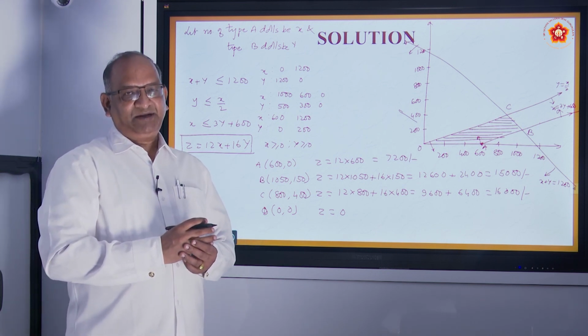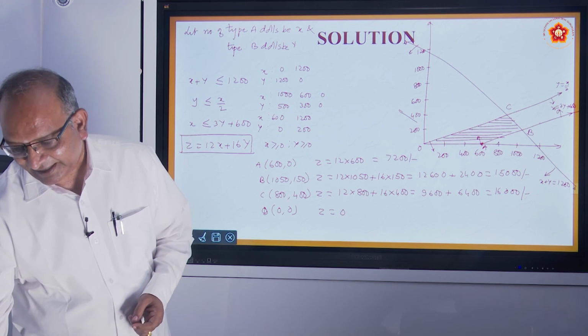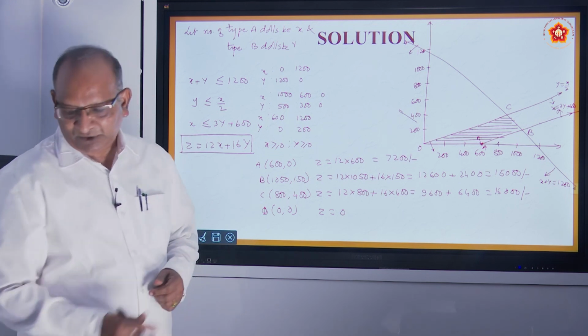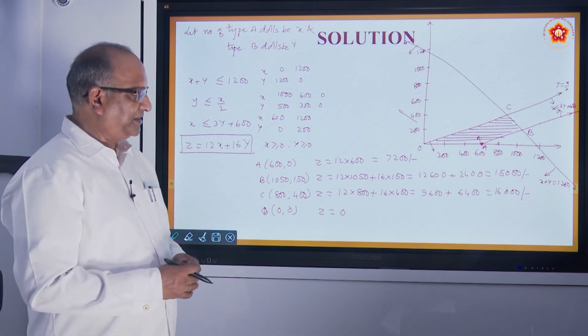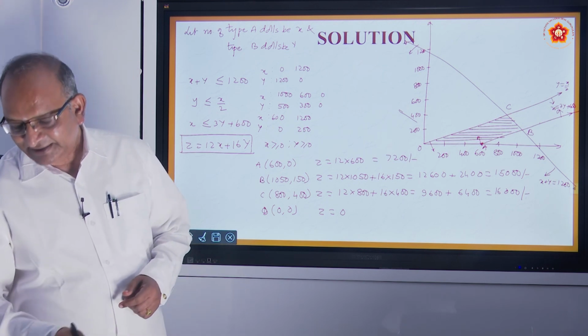So these are the values. We'll just check whether the values are correct. First one is 7200, second is 15,000, and the third one is 16,000.